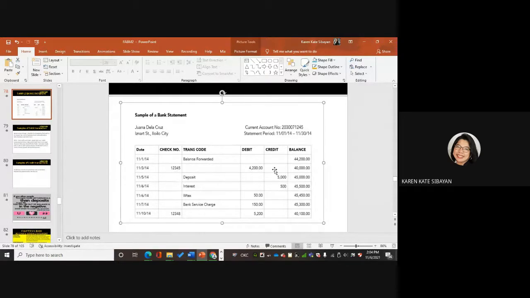So, nabawasan siya ngayon ng 4,200, kaya ang balance na lang ng cash in bank niya is 40,000 pesos. Now, ngayon, nagdeposito siya sa sarili niya. How much? 5,000.